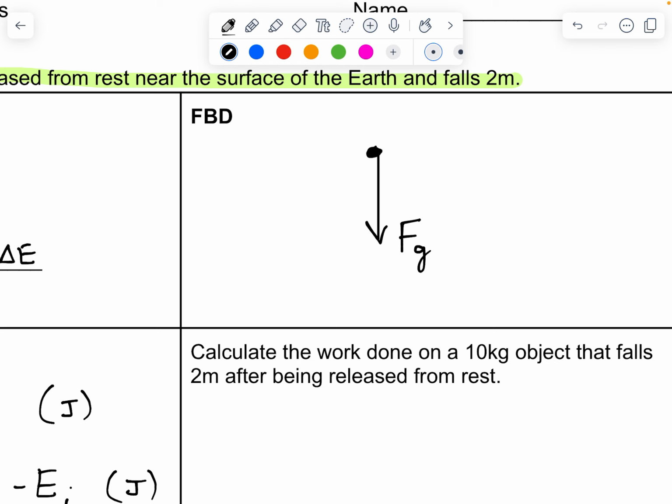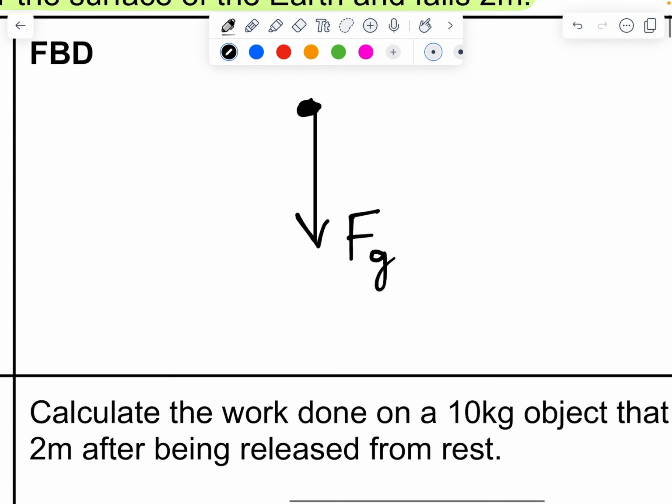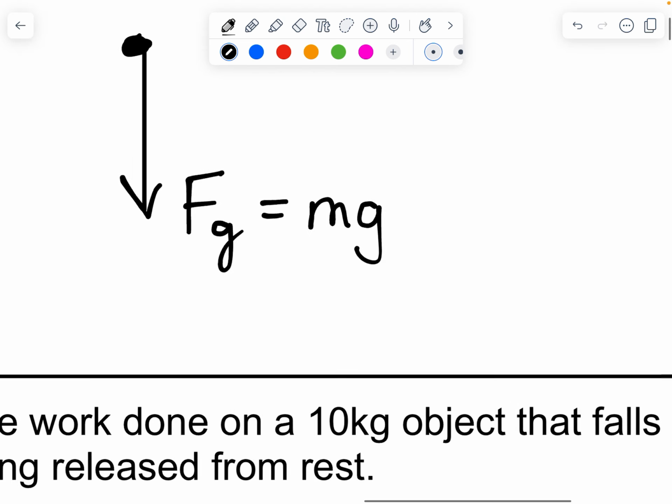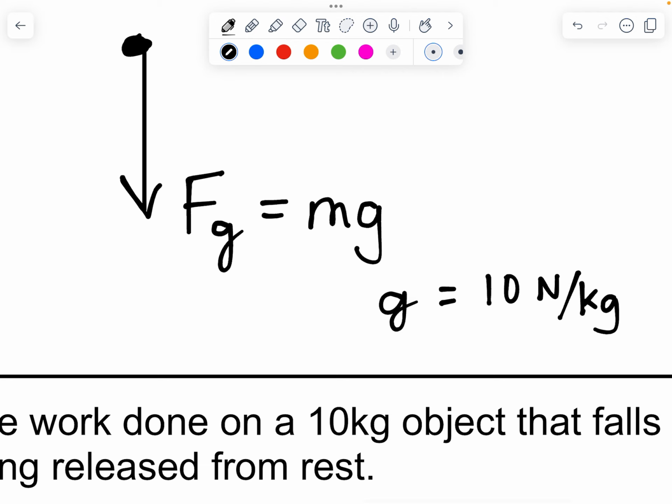It would only change if you move far away from the earth, not like 1,000 meters, but like thousands of kilometers. Then g would start to noticeably change. But if it falls a few feet, FG doesn't change. And don't forget, we can calculate FG from mass times g, where g is approximately 10 newtons per kilogram, and mass is measured in kilograms.